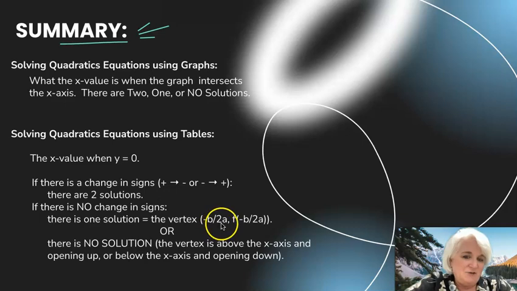And you're only interested in the x value, which is negative b over 2a, because the f of negative b over 2a would equal 0. There is no solution when the vertex is above the x-axis and opening up, or below the x-axis and opening down. So the vertex doesn't even hit the x-axis, or the x-intercepts.